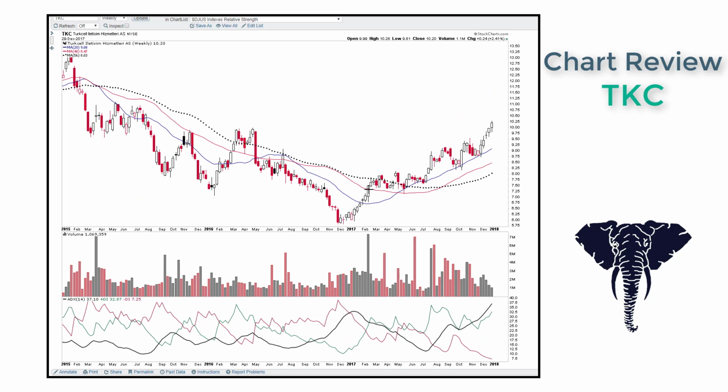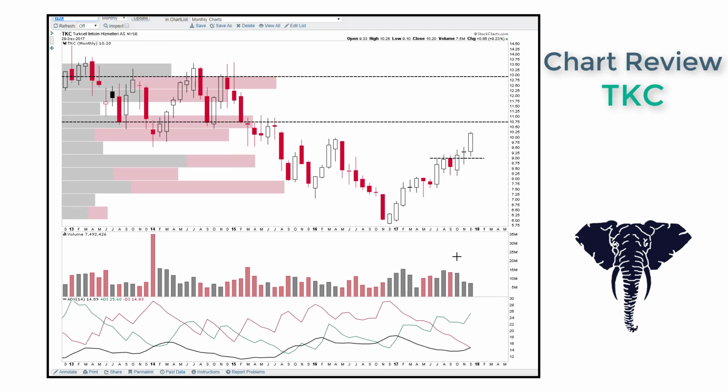You can see here during September to October on the weekly time frame, the trend is still bullish, and we're still on the green side as far as the indicator. And if we look at the monthly chart, we are also positive.